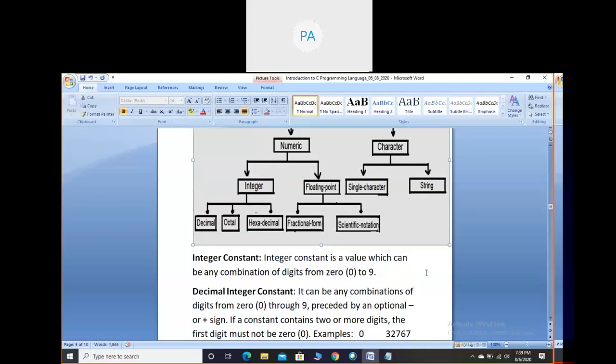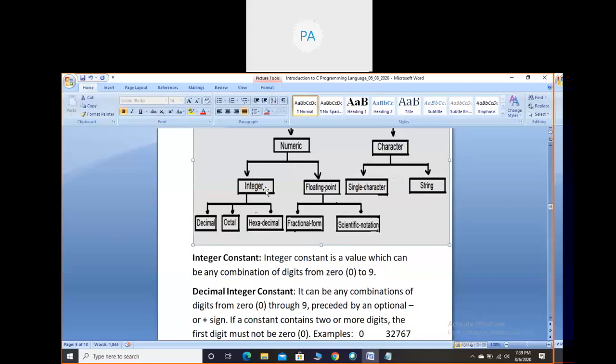We know what a constant is: a quantity or a value. In constants we have two types, numeric and character. Numeric refers to only numbers, character refers to numbers, symbols and alphabets like capital or small letters.